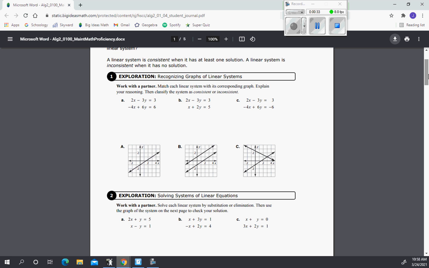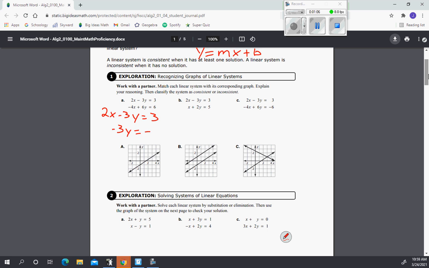Okay. So first things first, we have these equations, and I'm just going to look at A. We have those equations of lines, okay, but they're not in my preferred form. They're not in slope-intercept form. You know, y equals mx plus b. So I'm going to put the 2x minus 3y equals 3 in y equals mx plus b.